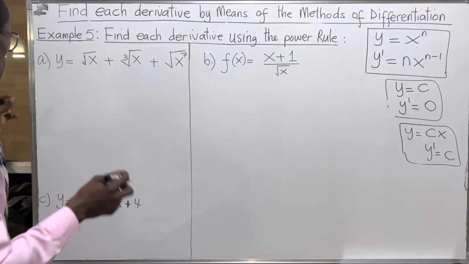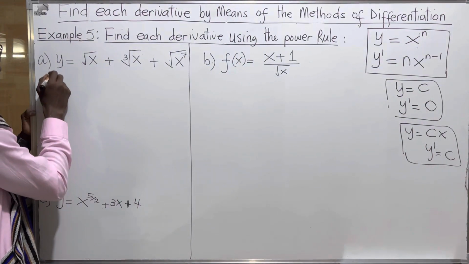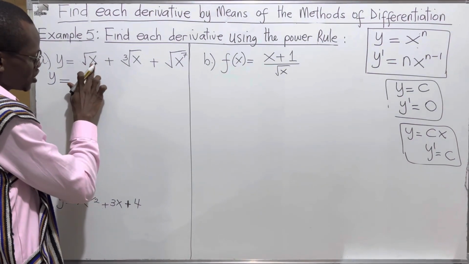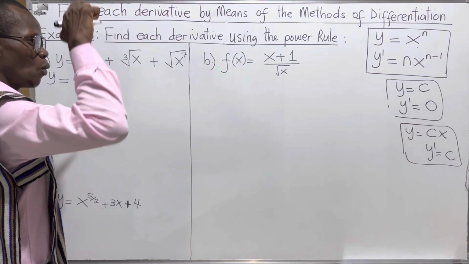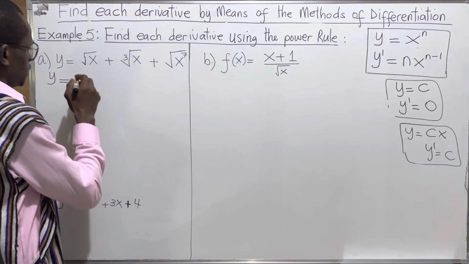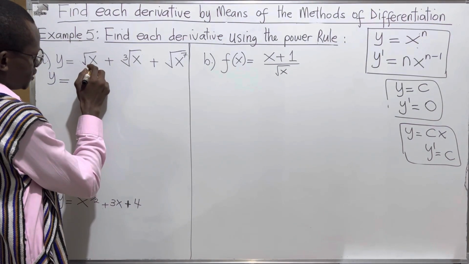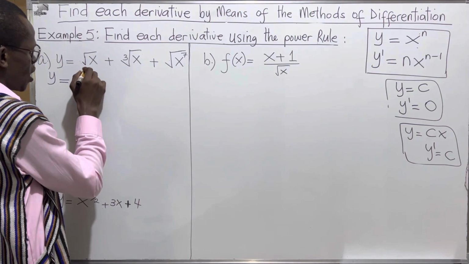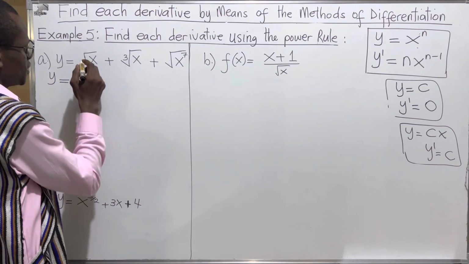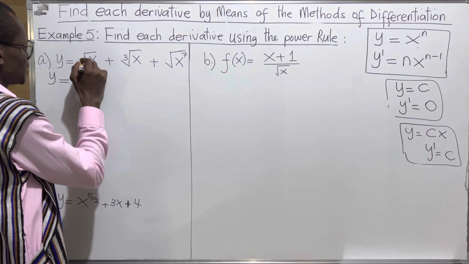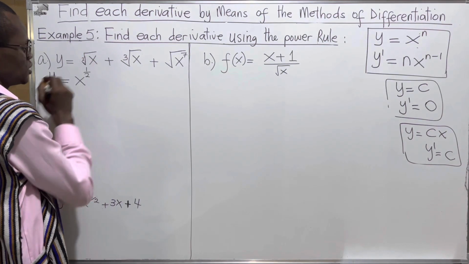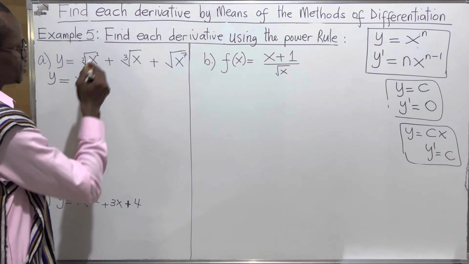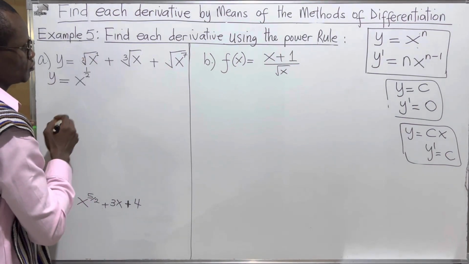So we can do the same for this. We can rewrite this expression, y equals. Now, square root means that the expression under it is raised to 1 over 2. So this expression, which we call the radicand, x, is raised to the power 1 over 2, because the index here is 2 and the power of the radicand is 1, so it's 1 divided by 2.